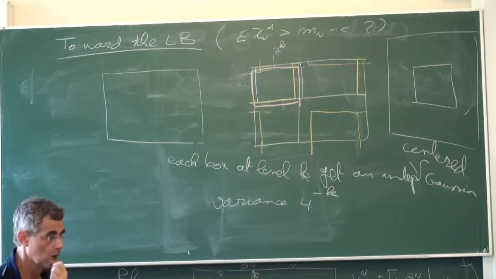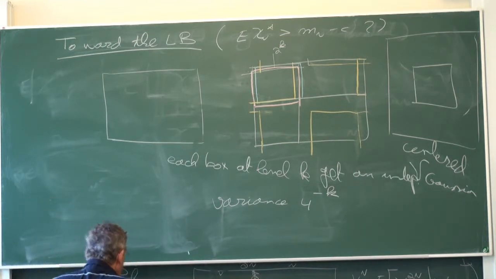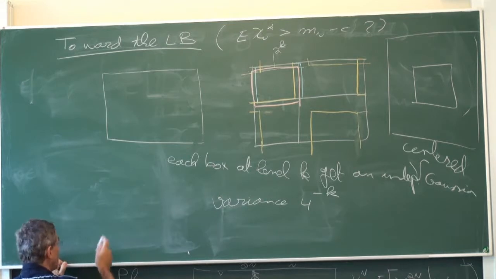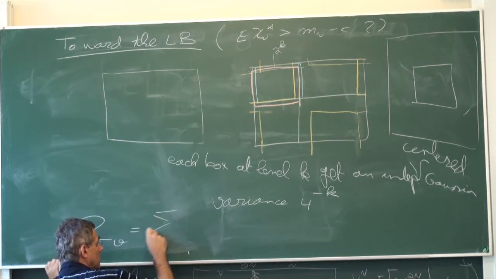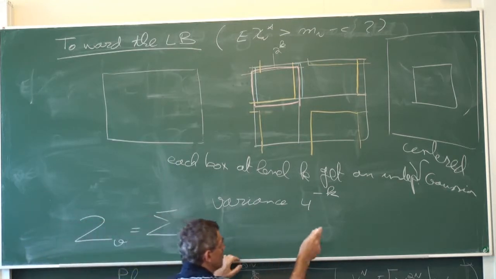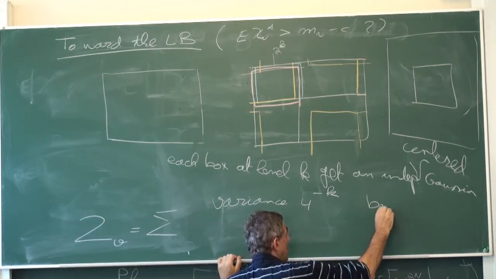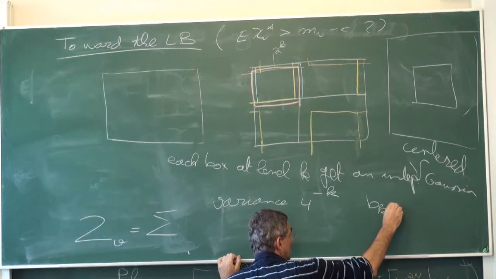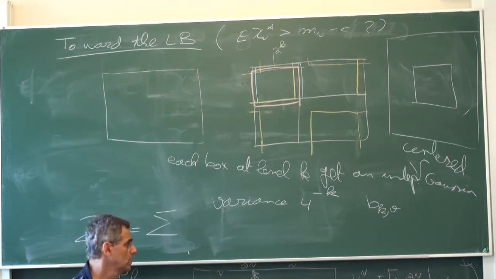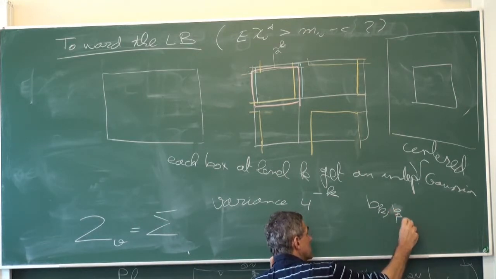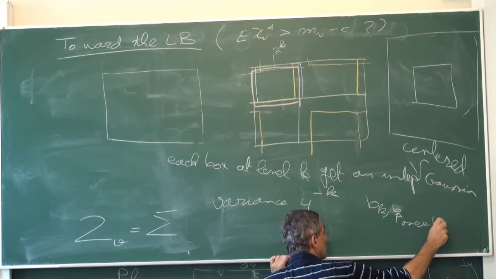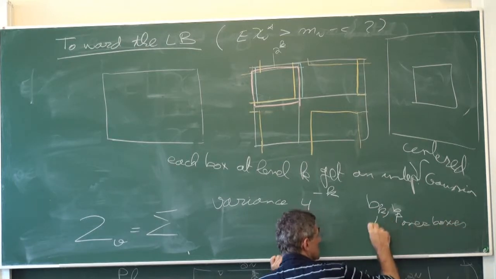Okay? And now I define as before, let's call it a field Z v to be the sum. So this is a random variable, let's call it b k b. So b is an index over boxes, and k is a scale.